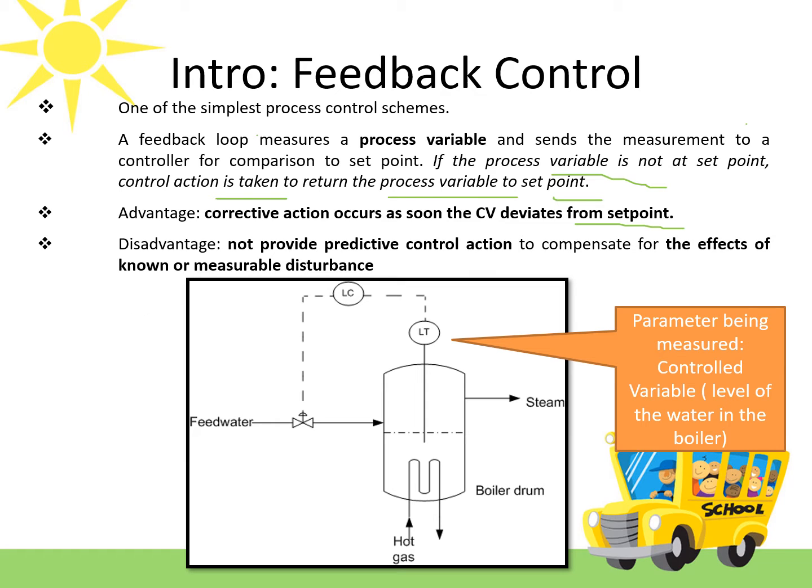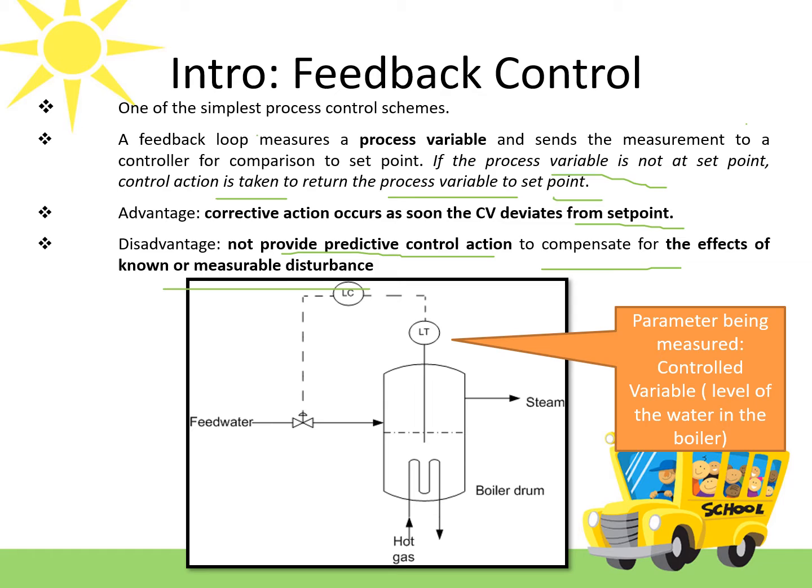But then, what is the disadvantage of feedback control? One of the disadvantages of feedback control is that it does not provide a predictive control action to compensate for the effects of known or measured disturbance.